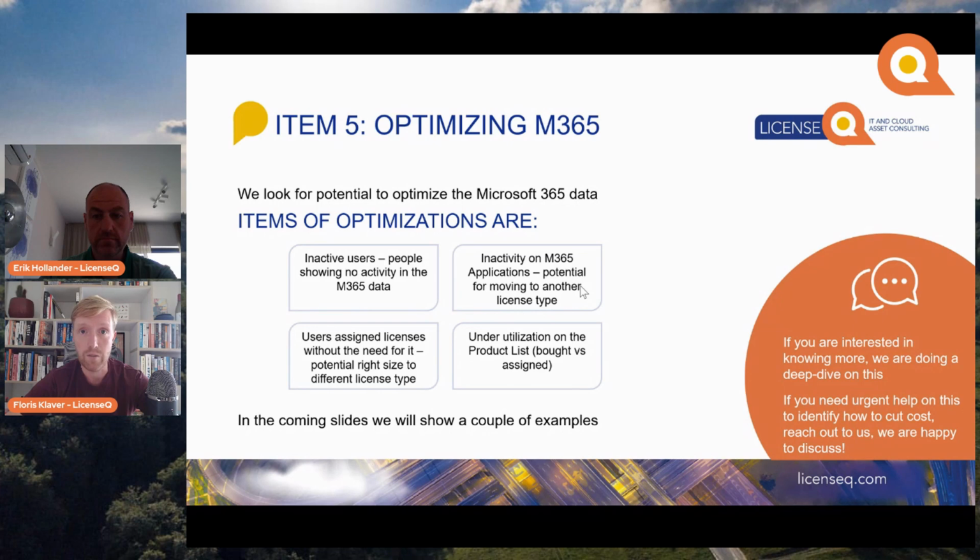Well, we take some exports from the M365 environment, and we just go through a lot of different steps and items. So we look at the use of services like SharePoint, Exchange, and OneDrive, and we show them if there are any inactive users or users that have not even used some of these services, even though they've assigned an account. And there can be many reasons for why they are not using this.